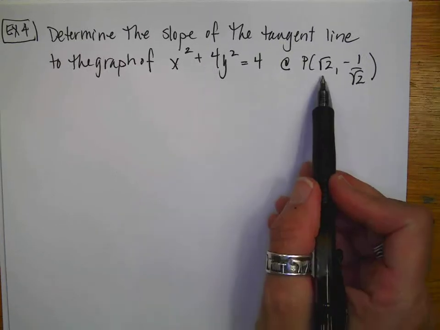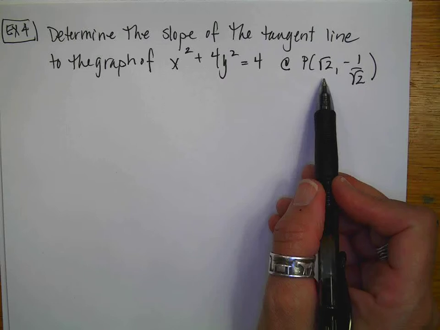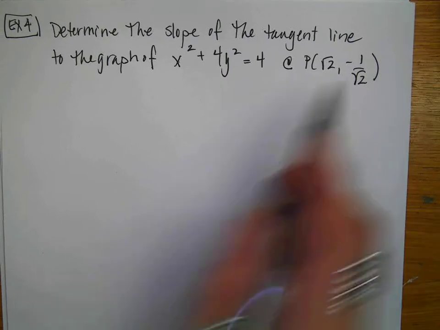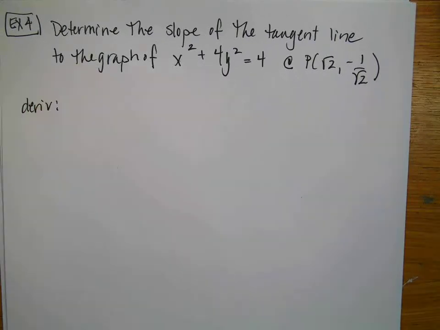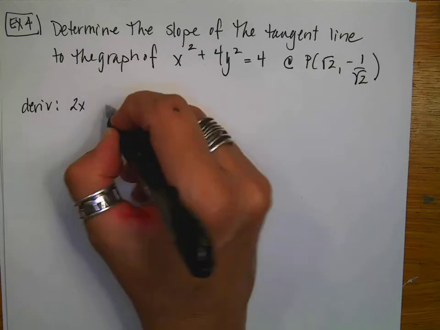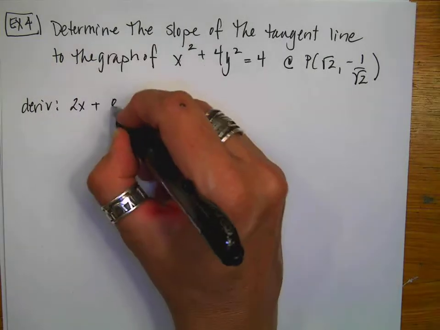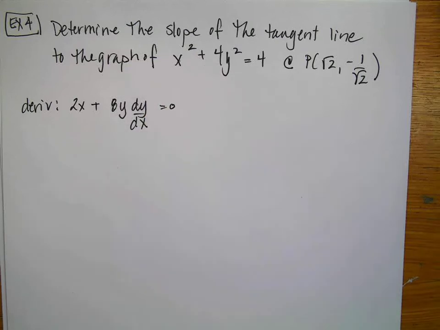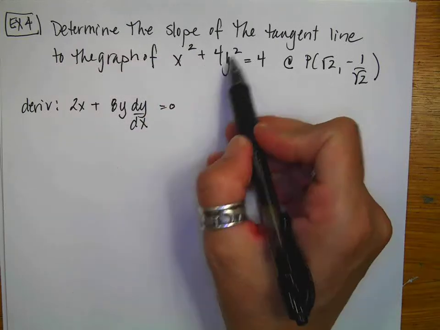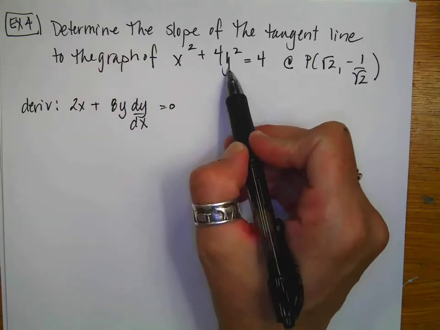Now when I find, this is a y by the way, when I find my slope, I can substitute in both an x and a y value. So if I start by doing my derivative, I'm going to get 2x plus 8y dy/dx is equal to 0, right?